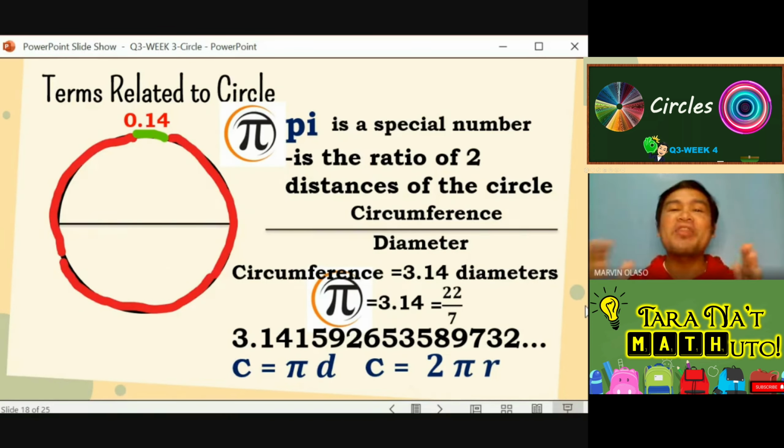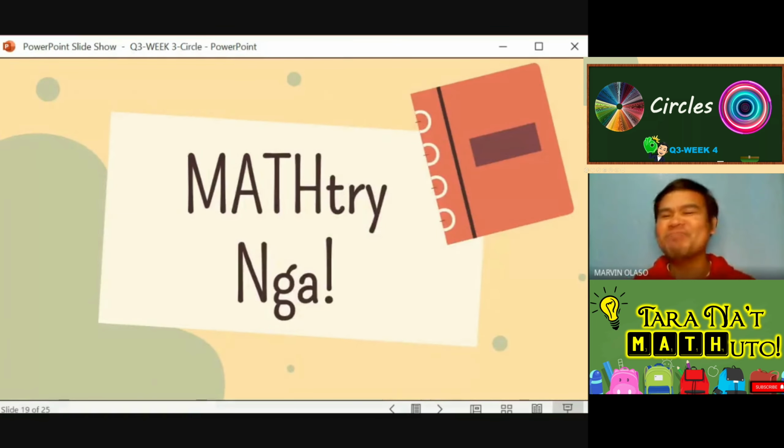Alright. This time to test if you really learned and remember all the terms we discussed in this lesson, week number 4. Get ready and say, Math try nga! Alright, calling again all of you grade 5 learners.